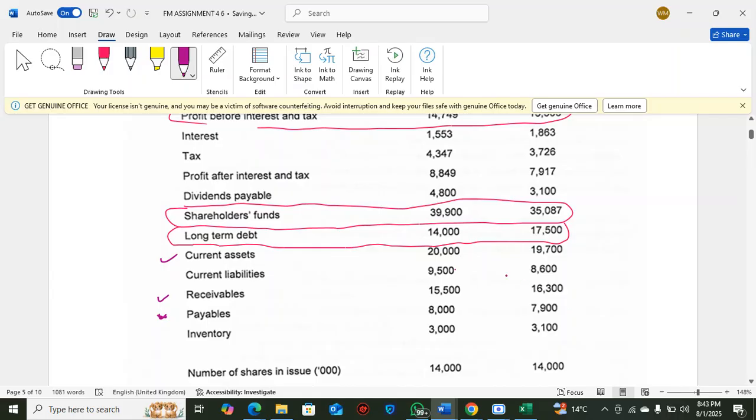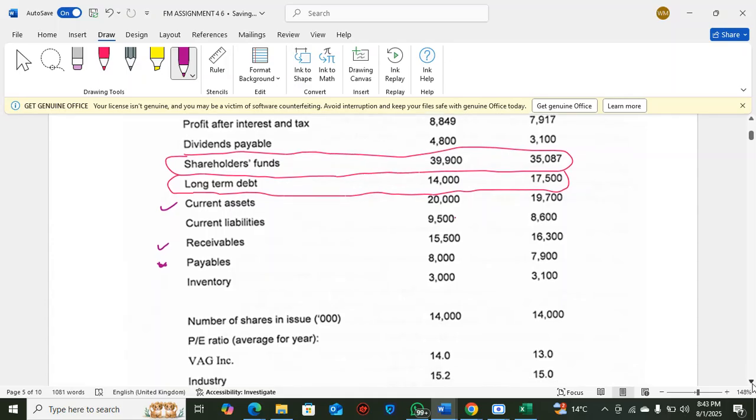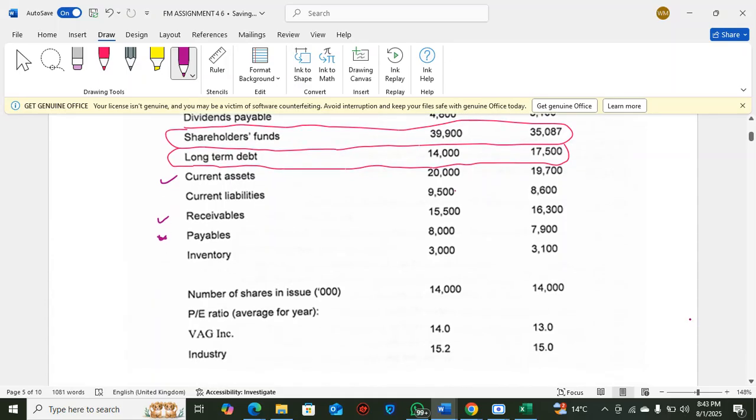We can also find our non-current assets. We haven't been given non-current assets here, colleagues, but do you know that we can also find them? How do you think we can find our non-current assets?